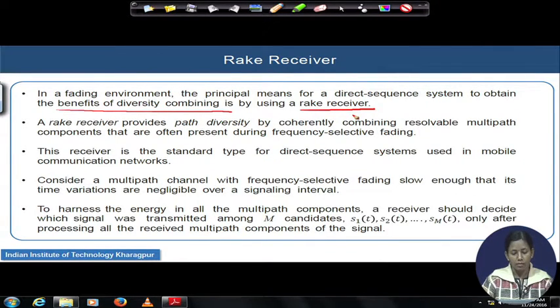The Rake receiver is a very standard type of direct sequence system which is these days used in the mobile communication network. The way it works is like this: it provides path diversity by coherently combining the resolvable multipath components, after properly processing them inside the receiver, over a frequency selective channel.